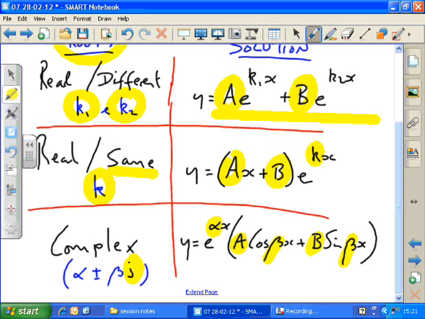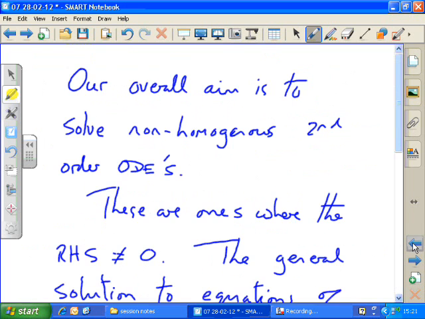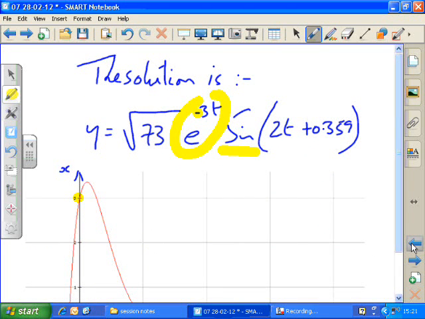And if you think back to our original problem that we had with the free oscillating mass on the spring, which was back here, we've got an exponential function and a sine function. And so it has this form.